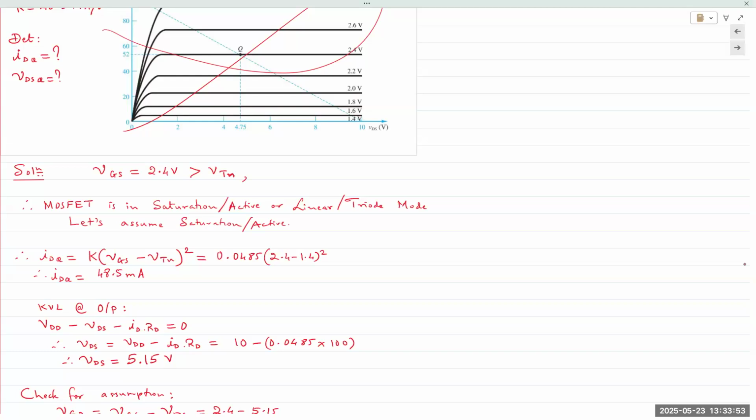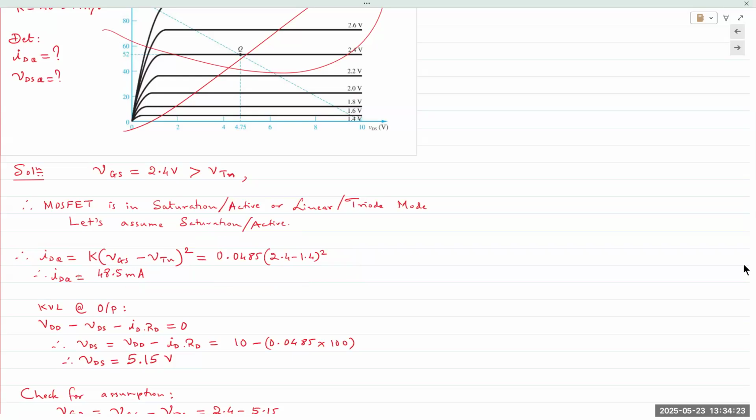So if we assume saturation, we can directly calculate the value for IDQ, because we have the standard equation in the saturation region. It's K times (VGS minus VTN) squared. We have all values available: VGS, K, and the threshold voltage.